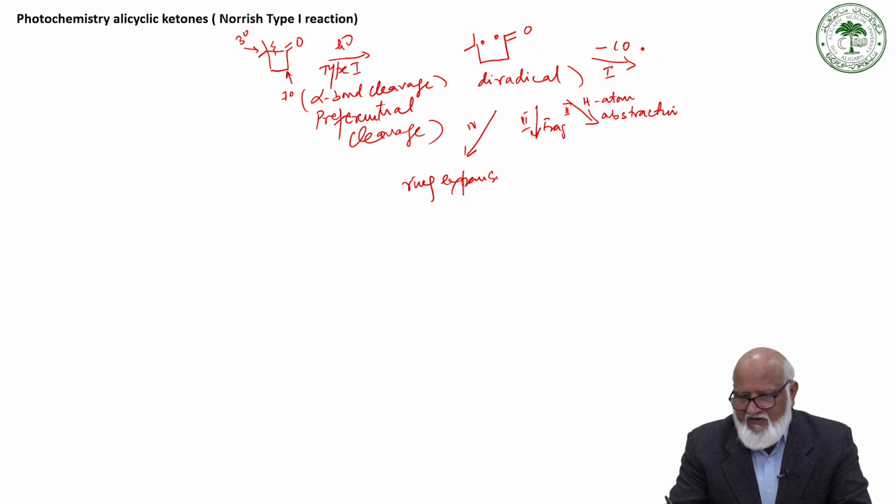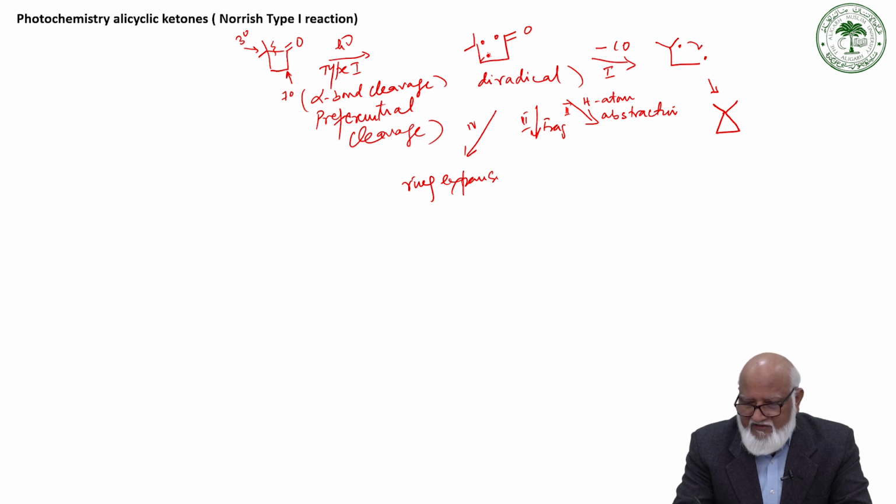So let us see one by one. If it undergoes decarbonylation, it is going to give a diradical like this. This will combine to give a cyclopropyl derived product, which is one of the products formed after decarbonylation. For hydrogen abstraction, this will abstract a hydrogen from the acyl radical, followed by the formation of the double bond here, giving an enal, an aldehyde.